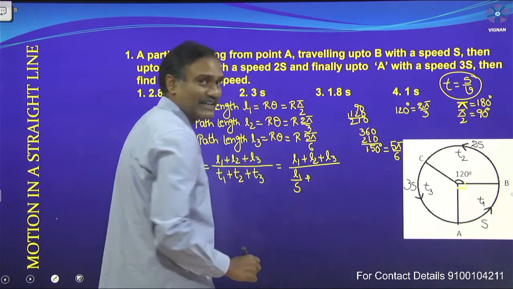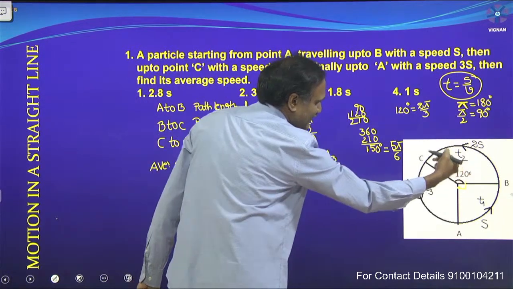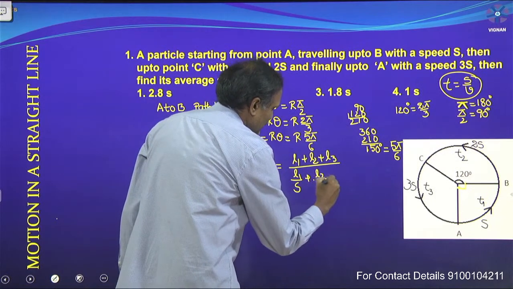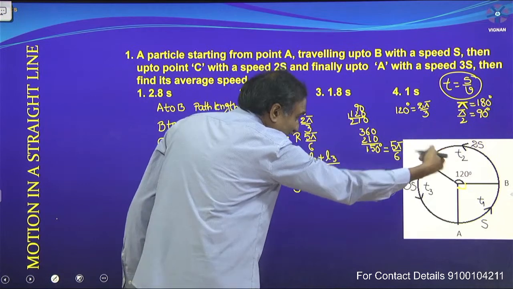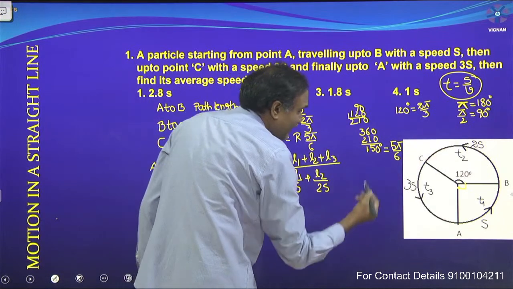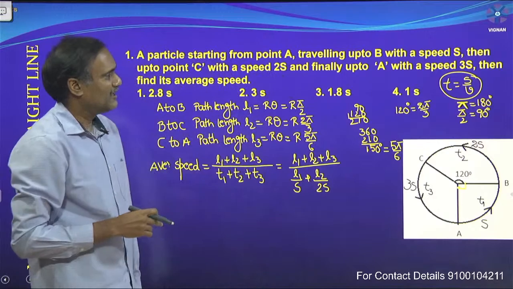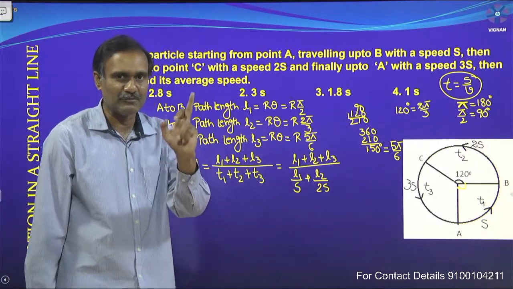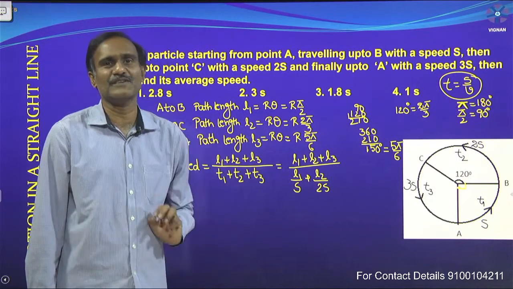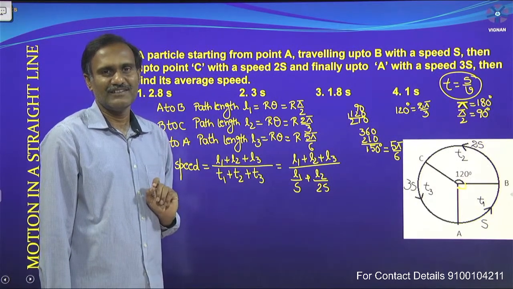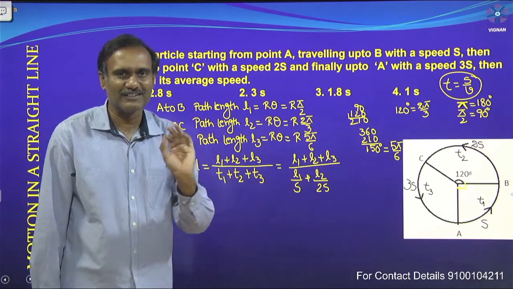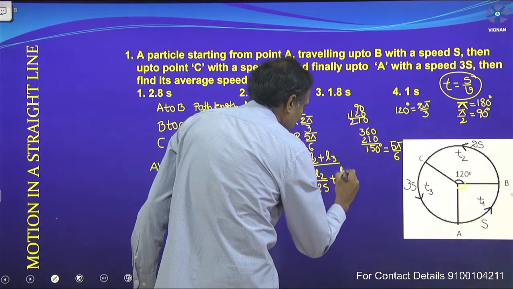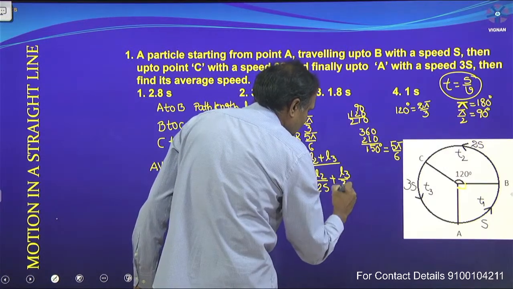Plus, what about L2 for this journey? Path length L2 divided by speed 2s. Sorry, it is not velocity, it is speed, because the direction changes from point to point while the particle moves along the circumference of a circle. Here the particle is not moving along the same straight line, remember that. Plus L3 divided by 3s.